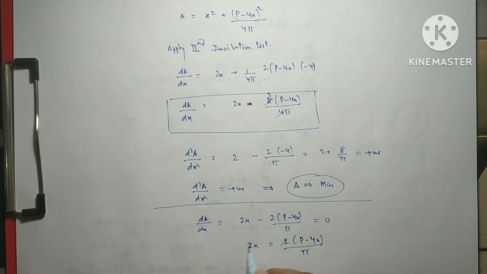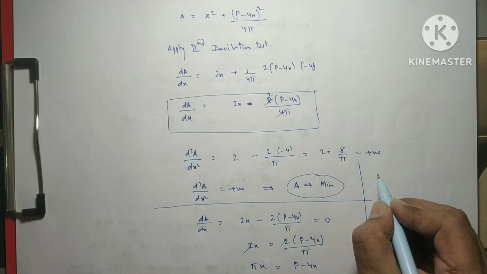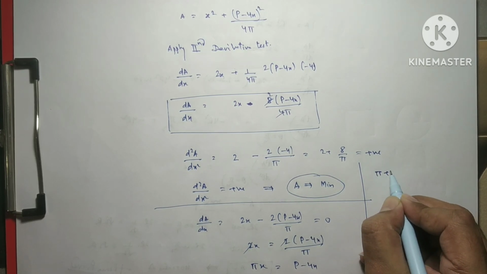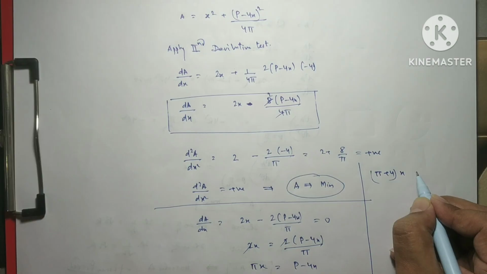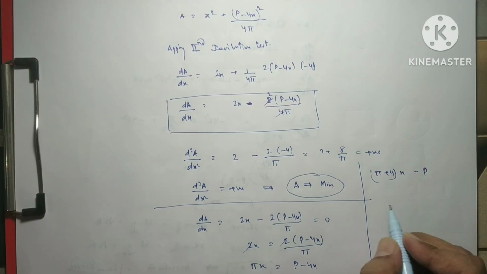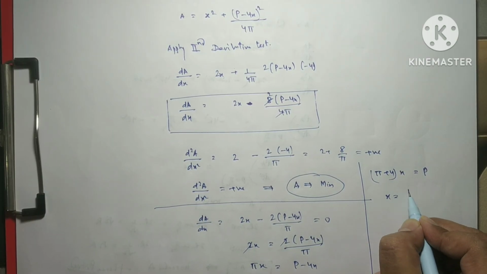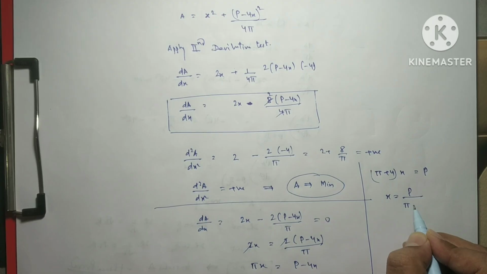Cancel this out and you get pi x equals p minus 4x. So you have pi plus 4 times x equals p. So x equals p over pi plus 4.